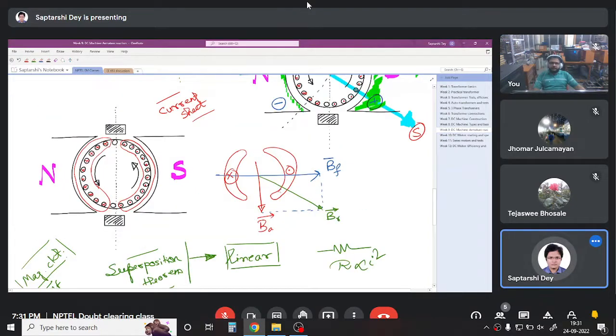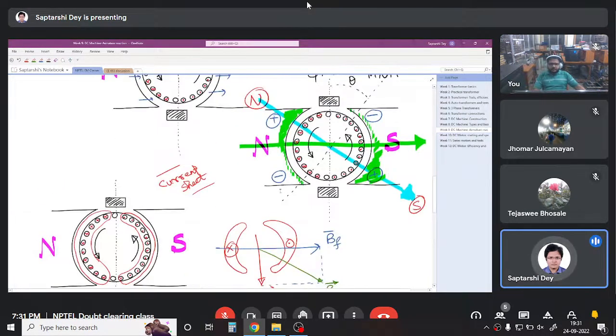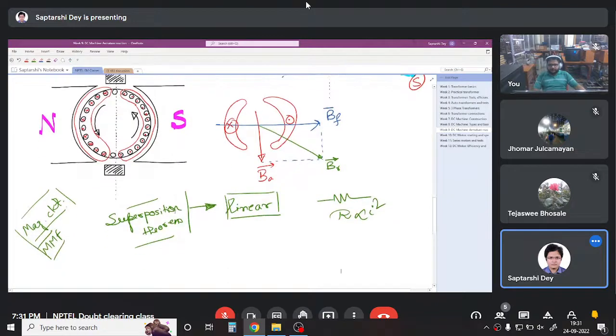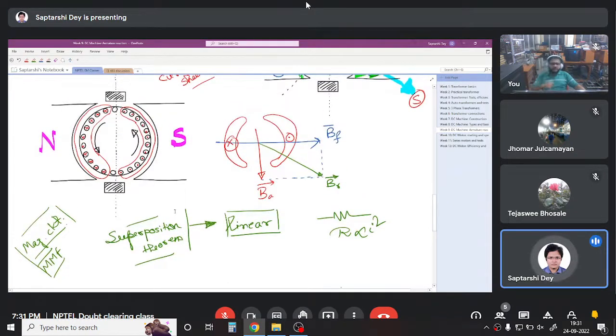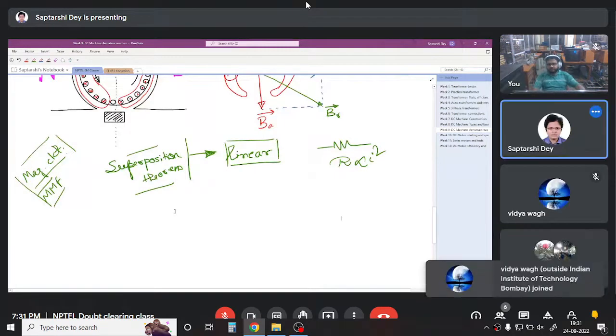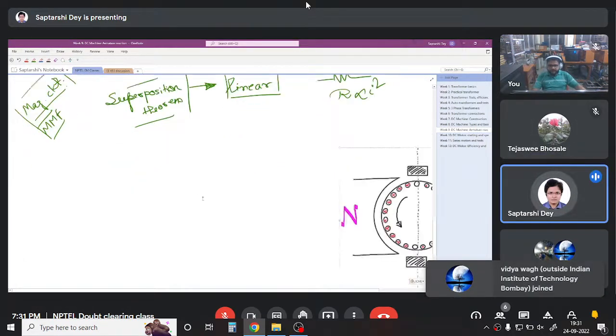So now we have two sources of MMF here. One source of MMF is the armature, the other source of MMF is the main field of the machine. But my question is, can we apply the superposition theorem here? Or if we can, under what assumption can we apply it?